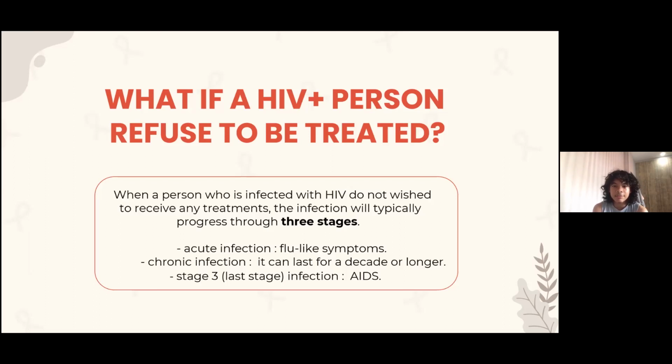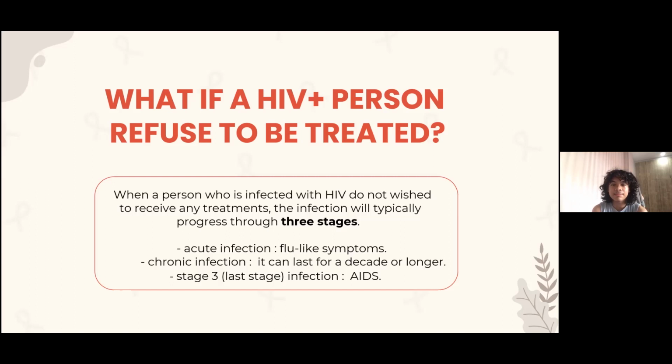The second stage is called chronic infection. Without treatment, this stage can last for a decade or longer. People may not have any symptoms, but the virus can still transmit to other people. The last stage is known as AIDS.